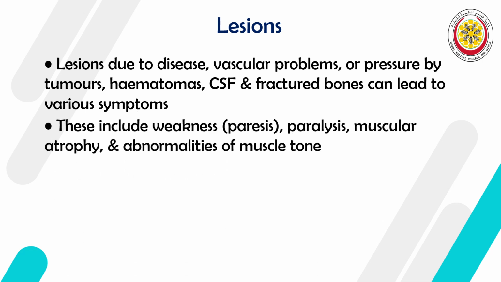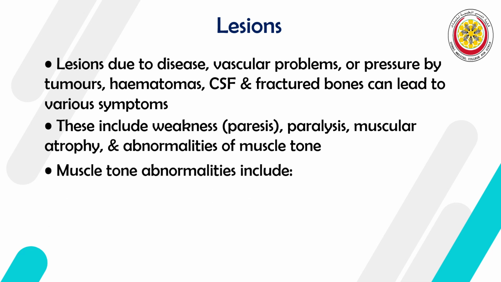The lesions can be due to disease, cerebrovascular accidents, vascular problems, pressure by tumors, pressure by hematomas, problems in the CSF such as hydrocephalus with raised pressure on the inside, and fractured bones. All these can lead to various symptoms.